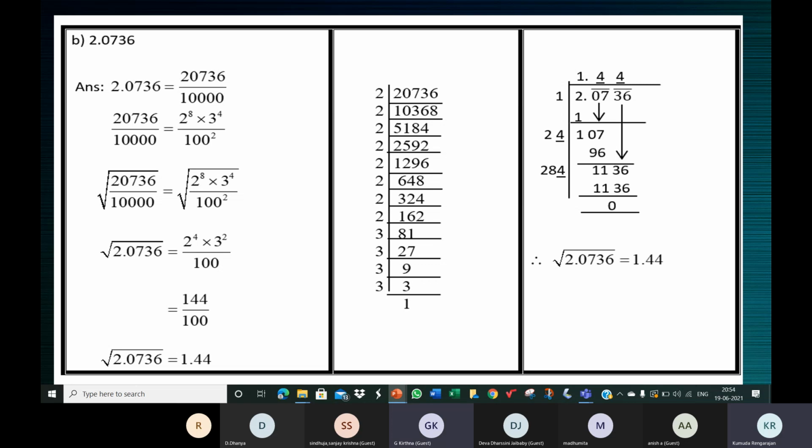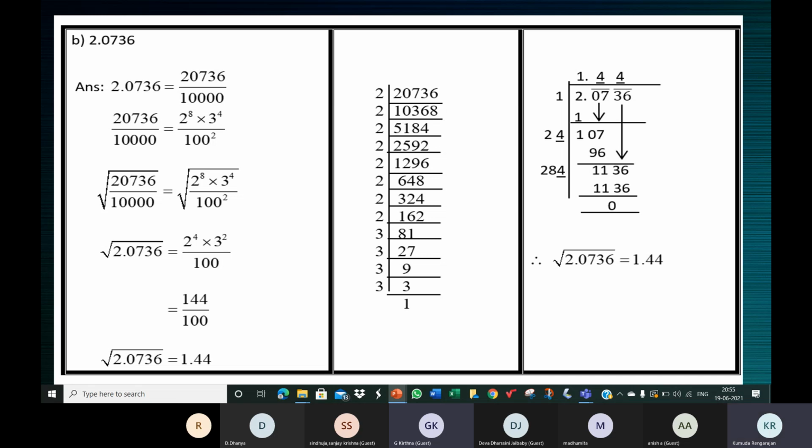What is 10 square? 10 squared is 100, ma'am. What is 20 square? 400, ma'am. What is 30 square? 900. 40 square? 1600, ma'am. 50 square? 2500. 60 square? 3600.